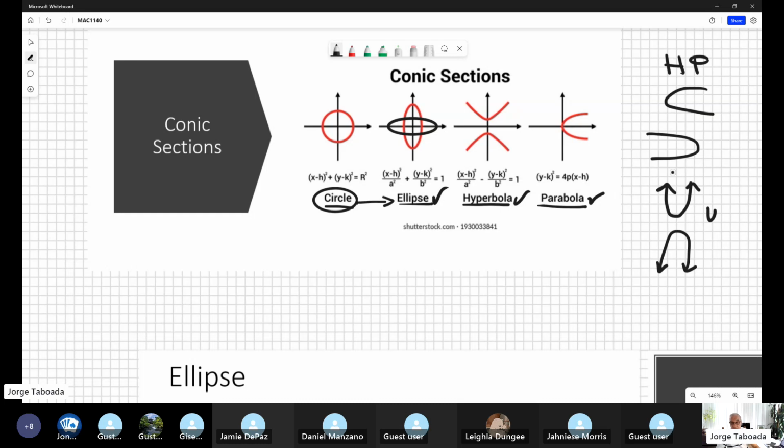So open left, open right, to the right direction, to the left direction, open upward, and open downward. Open downward or down. Let me fix my spelling. Downward.